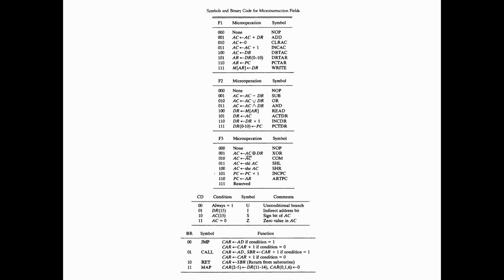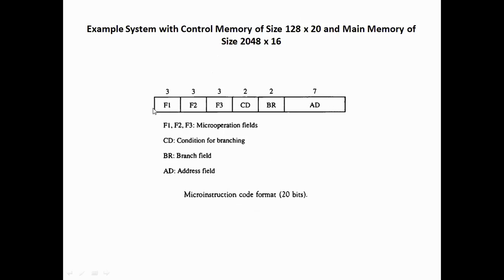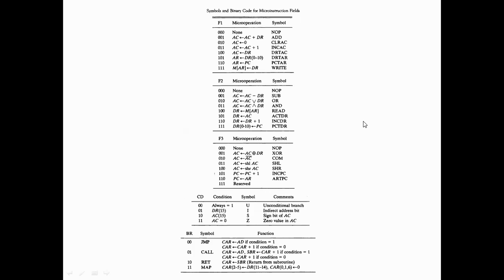So for all the fields, these 5: F1, F2, F3, CD, and BR, here we can find a table for each. For example, if we look at F1, F1 is 3 bits. 3 bits will have 8 combinations. Each combination has a meaning.